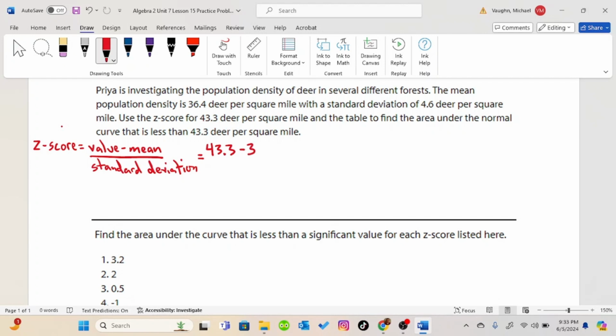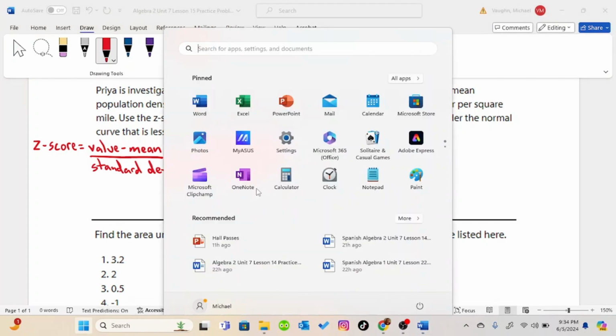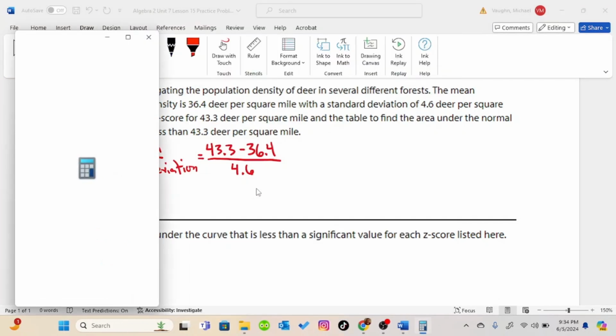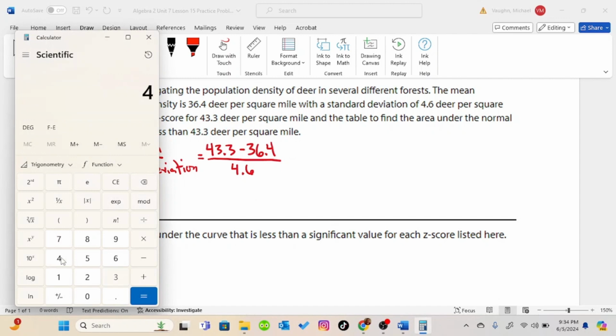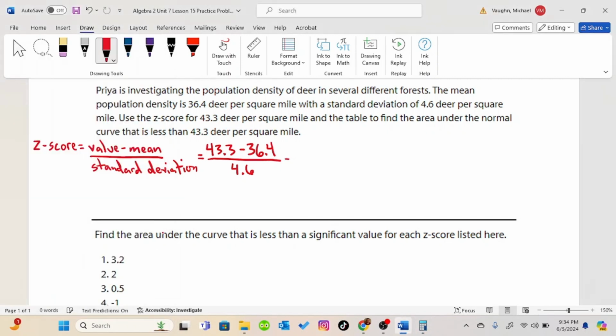The mean is 36.4, and the standard deviation is 4.6. 43.3 minus 36.4 is 6.9.